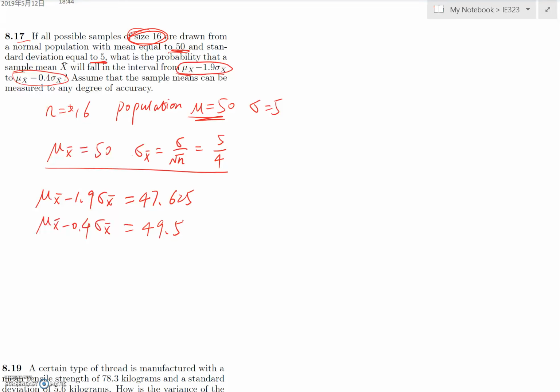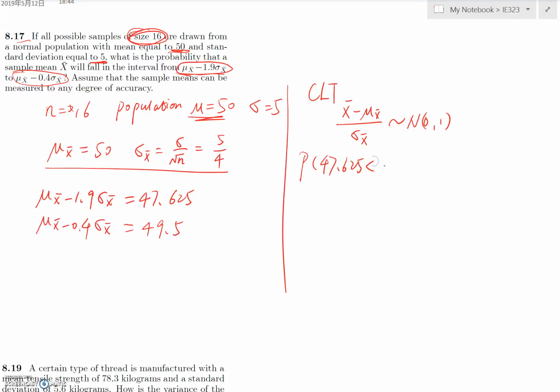So from CLT, we can know x bar minus mu x bar divided by sigma x bar should follow the normal distribution of 0, 1. So we want the probability that x bar falls into this interval.